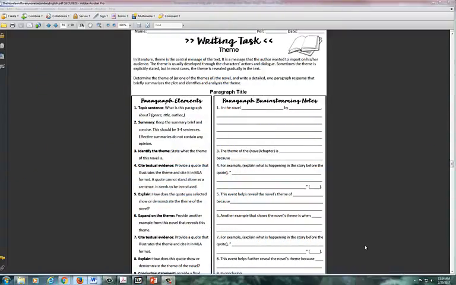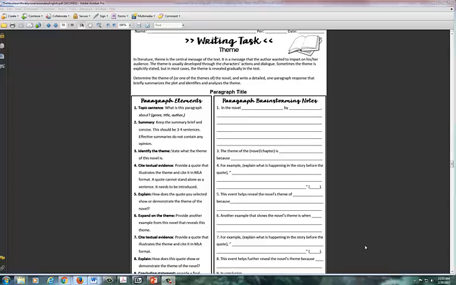The last piece of written work you will have for this project is the paragraph about theme. Okay, and we are going to do that exactly the same way we did our paragraph for The Hobbit. You will have received the graded paragraph for The Hobbit back by that point. So you will know if there's anything that you did incorrectly, anything you need to change, anything you need to make better.